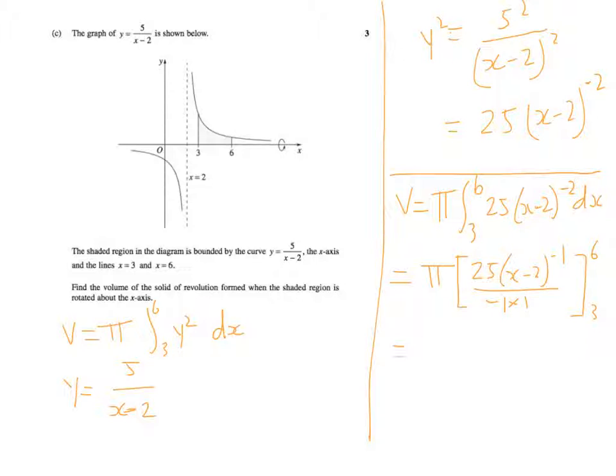What we end up with is still our pi. Okay, it's negative 25 on x minus 2 between 6 and 3. Okay, so I'm just going to rewrite it again, it's pi between 6 and 3 of negative 25 on x minus 2.